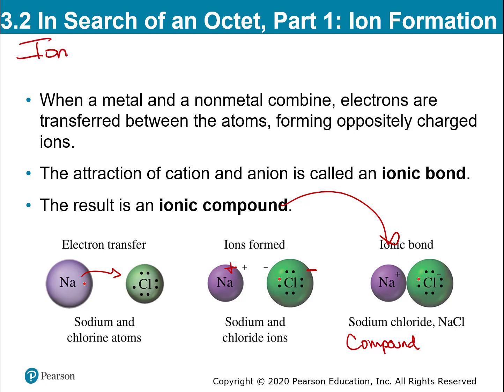If you have an ionic compound, you always write the metal first. So you never see ClNa. Nobody ever says that, right? It's always NaCl. The metal is always written first in a formula, then the nonmetal. And when you say its name, what part of the first element do you use?